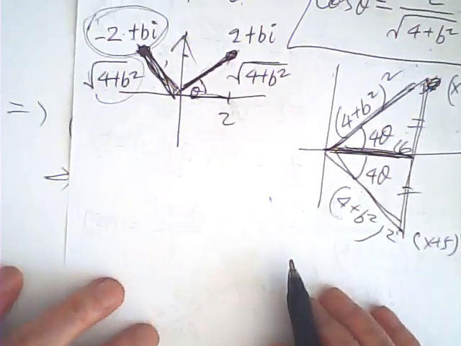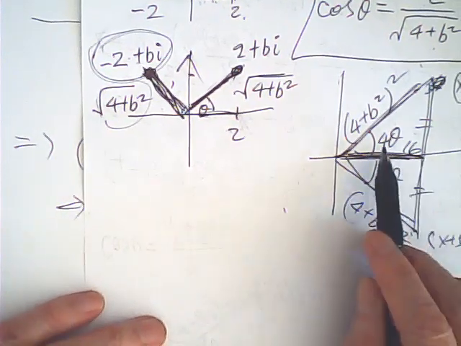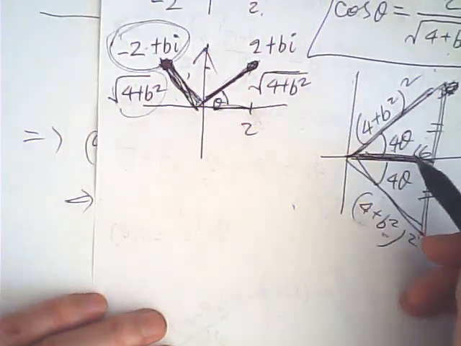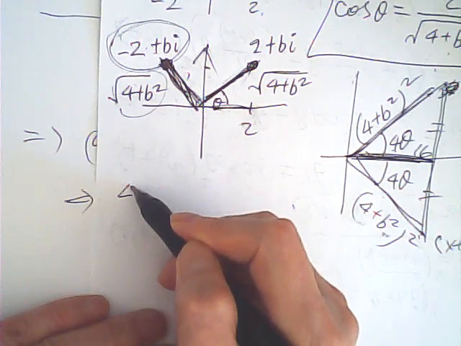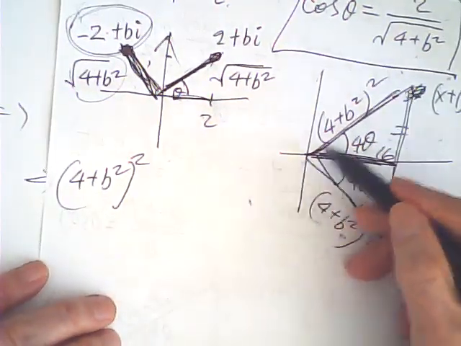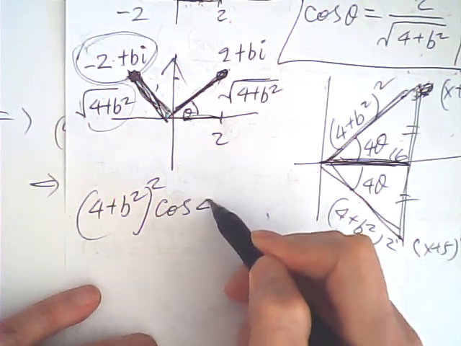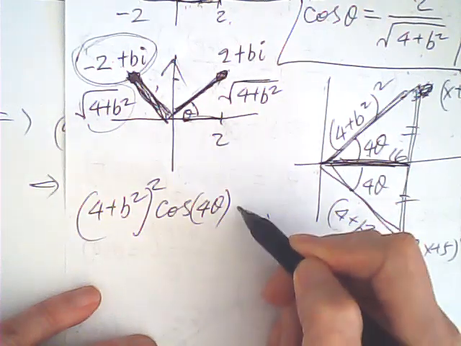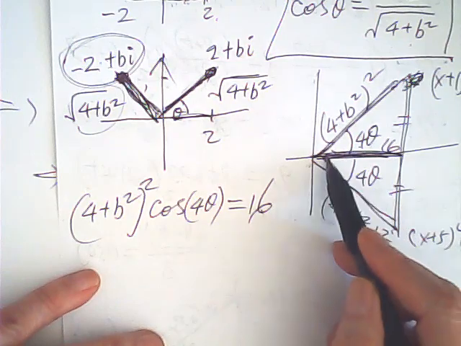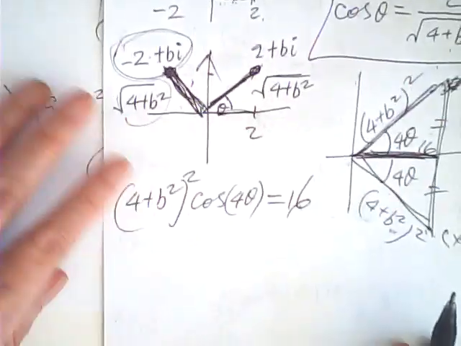Now I know that this length, the square of the modulus, multiplied by cosine 4 theta is 16. This is 16, which makes 32, right?